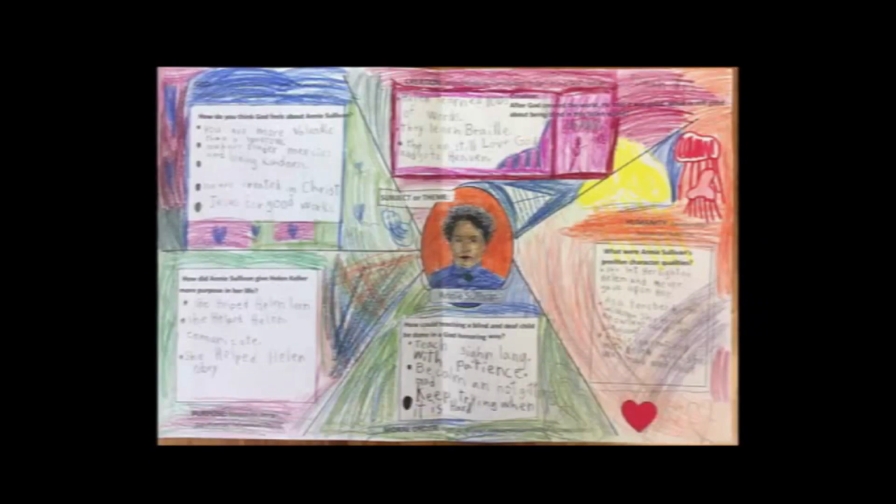Well, we do not see a lot of blind people. The children haven't been exposed to that. And so I wanted them to think from God's perspective. Yes. And I have actually a copy of one of the conversation starters that one of the students did.